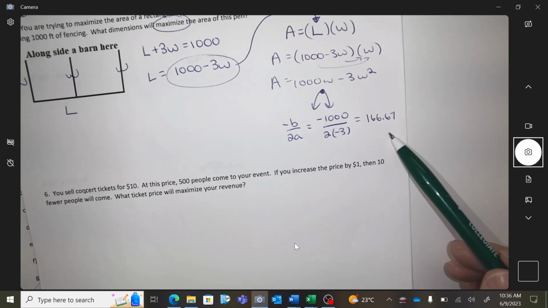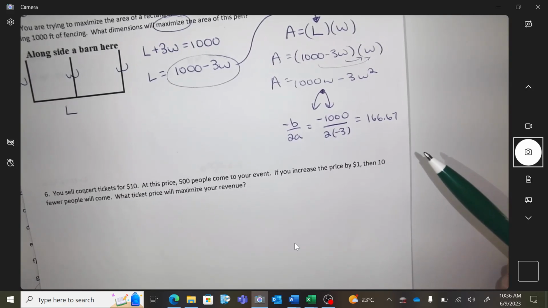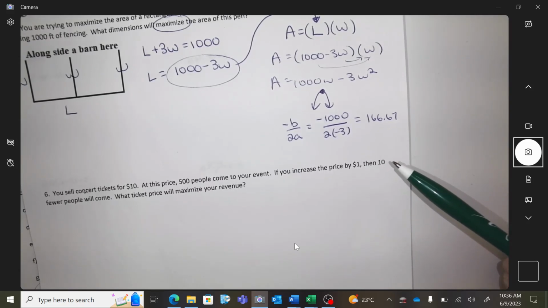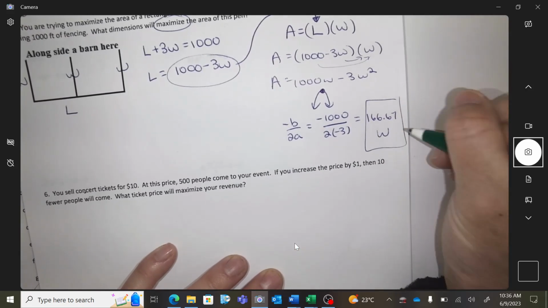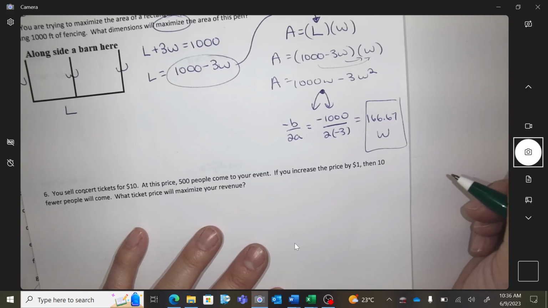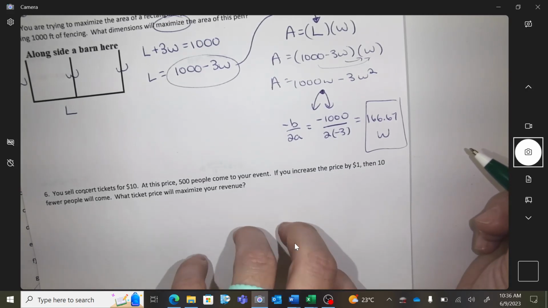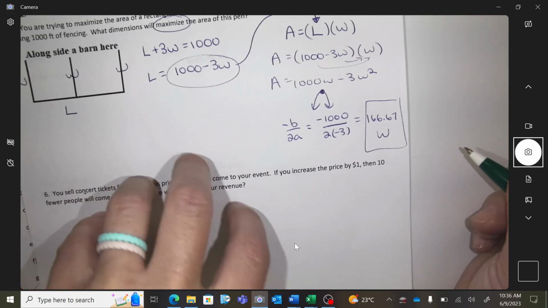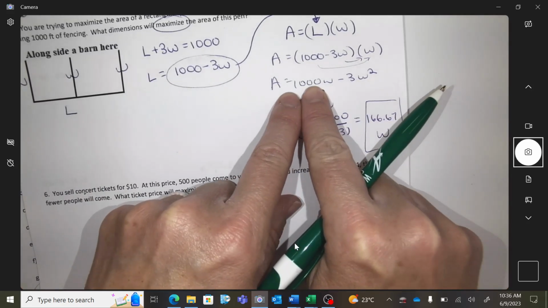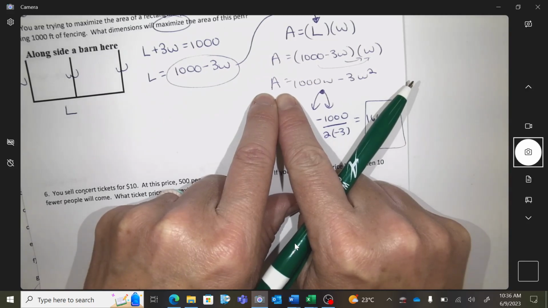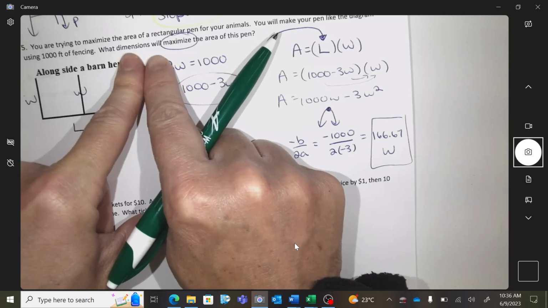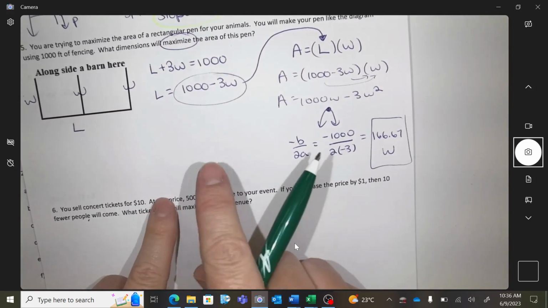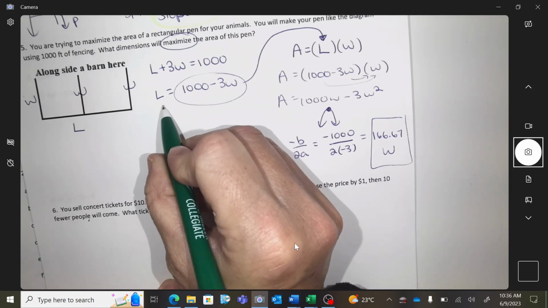Okay, what does that number mean? It's usually the x of the vertex, but that's not here. Instead of having an x of the vertex, we have a w. So this is w. Then we usually plug it in. If I plugged it in, it would equal area. And I actually don't really care about my area. It says what are the dimensions. So I need my L. So what can I do? I can go here.